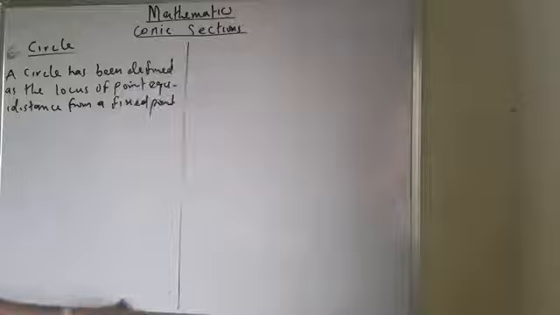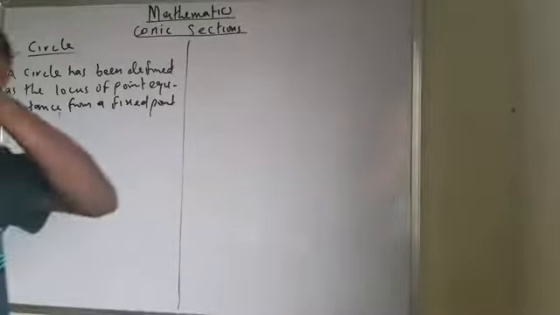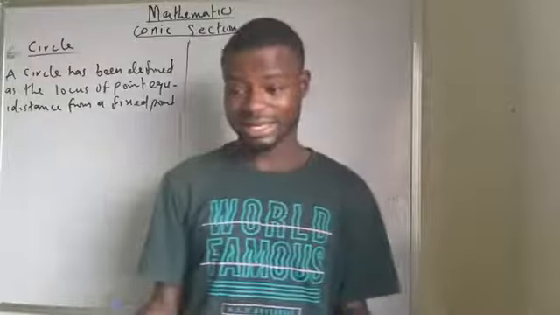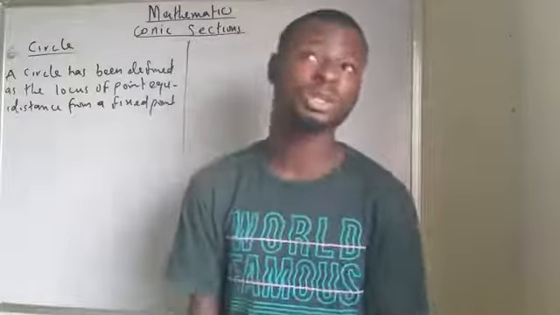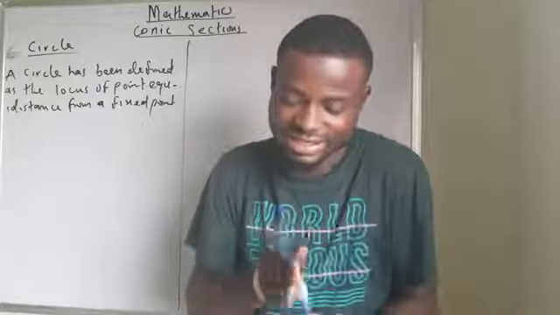That is the circle. Equal distance from the what? From a fixed point. And I normally say that we have what is called coordinate interaction between x and y.